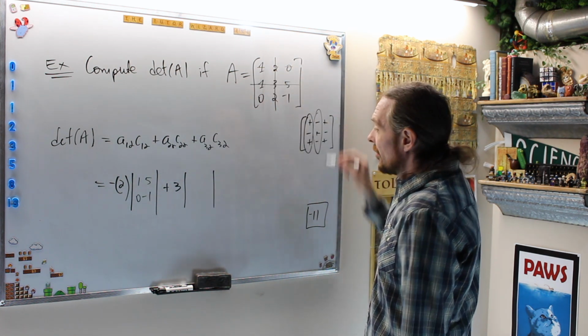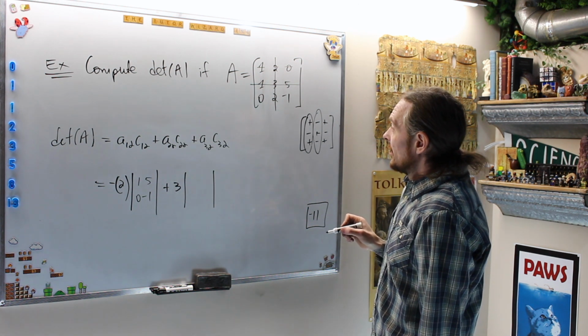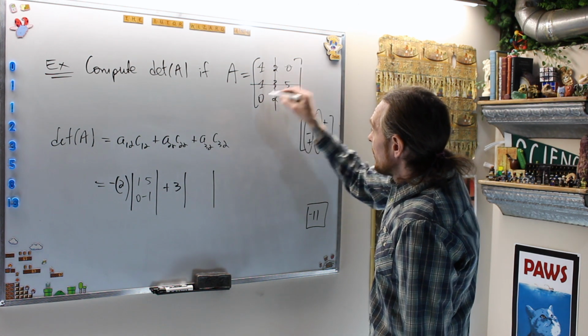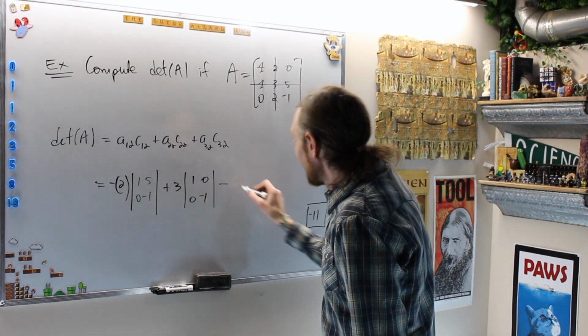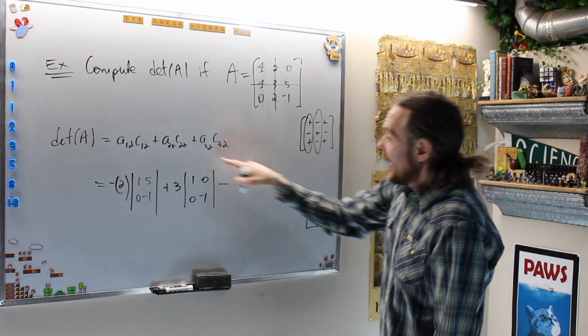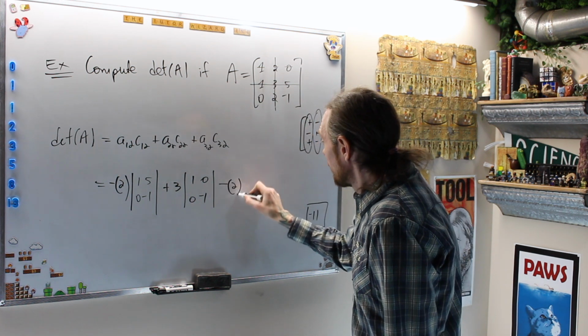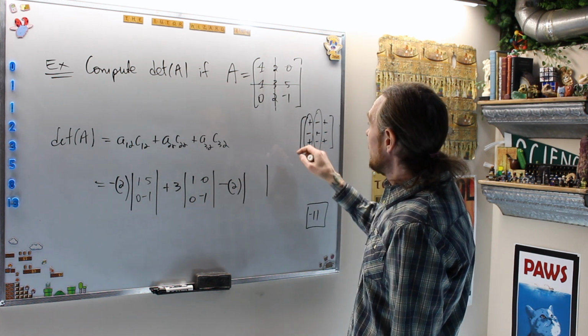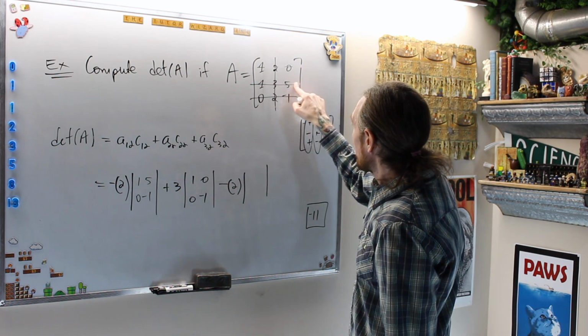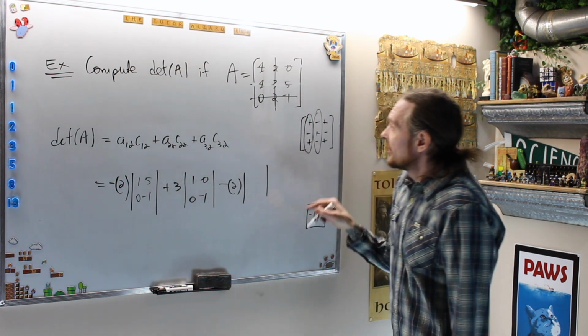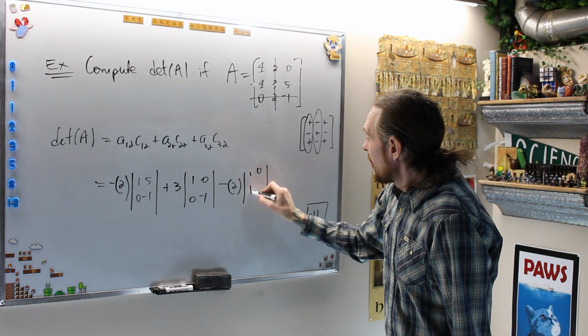We're going to block off row 2 and column 2, which is going to be 1, 0, 0, negative 1, minus A32, which is a 2 times C32, which is going to be row 3 and column 2 blocked off, which is going to be 1, 0, 1, 5.